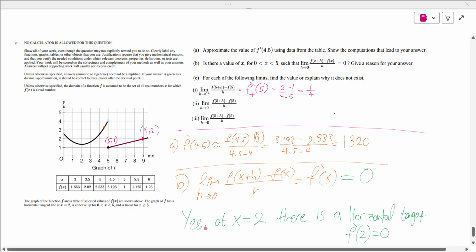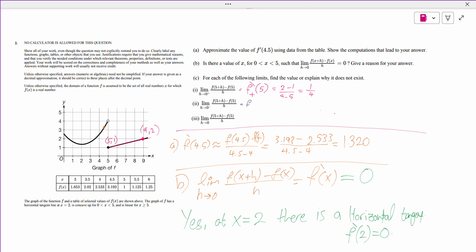Okay, now for the second one, it's equal to f prime of 5, but from the left side. From the left side, you would use this limit.